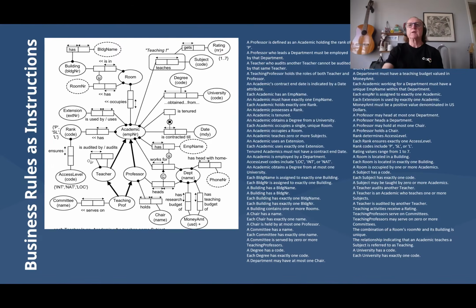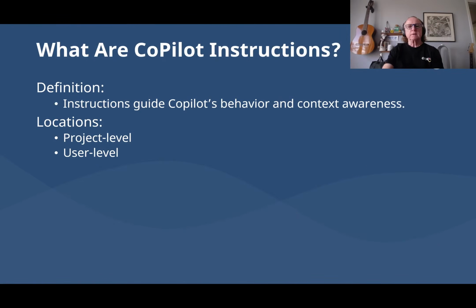Okay, great. Moving on then. So let's talk about instruction files just briefly. Instructions are a guide for Copilot's behavior and context awareness. This is going to be a key part of this presentation because we're going to use instruction files extensively to help Copilot understand what we're trying to accomplish. There are two different locations where you can store these instruction files.